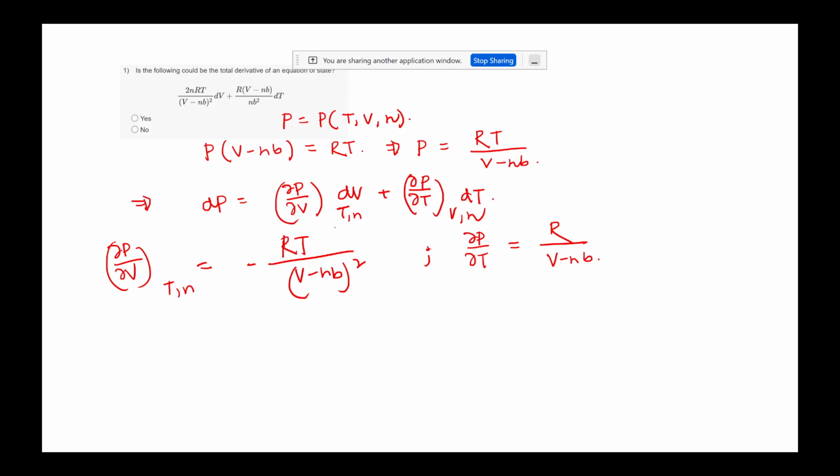So if you substitute this now, as a total derivative means exact differential, that can be written like that.